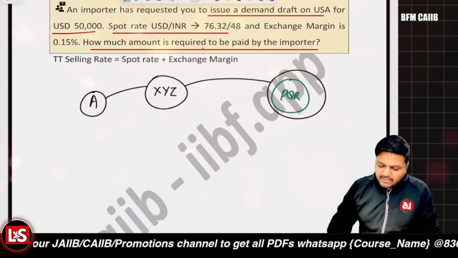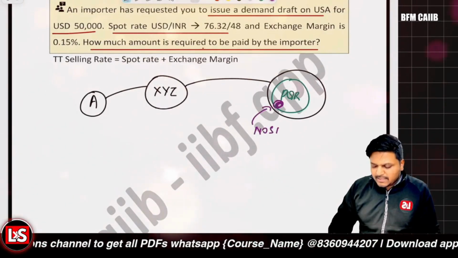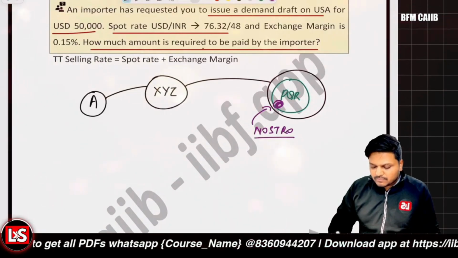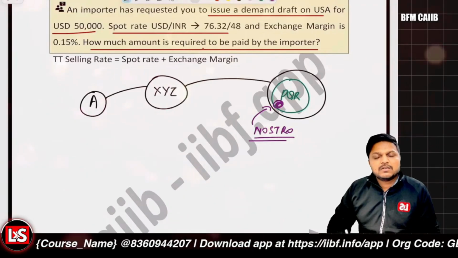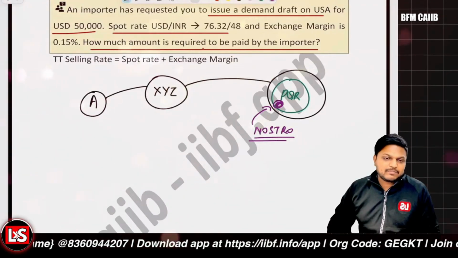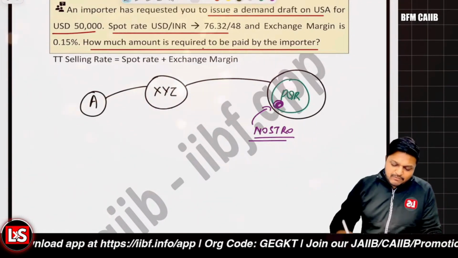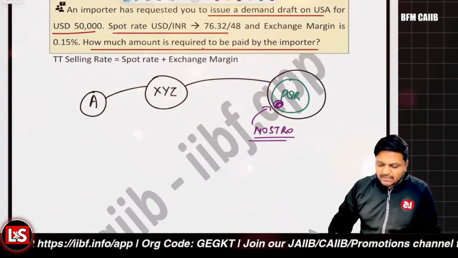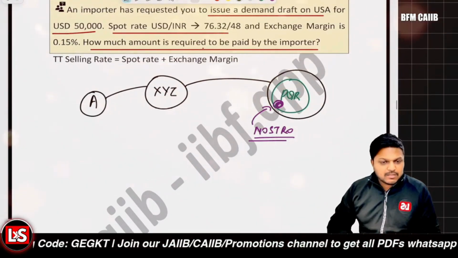And here the bank is maintaining an account which is said to be the Nostro account. That is our account with you. It's a foreign currency account which is maintained by the Indian bank in the foreign country, in foreign currency. So the bank will be debiting their Nostro account and will be issuing a demand draft to the customer.